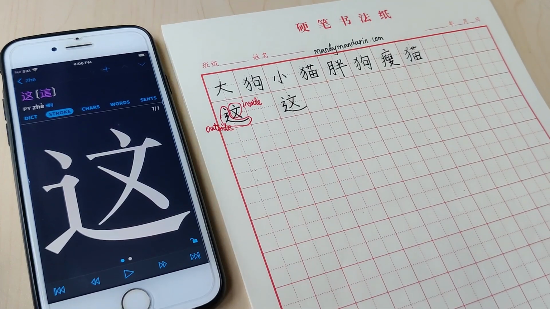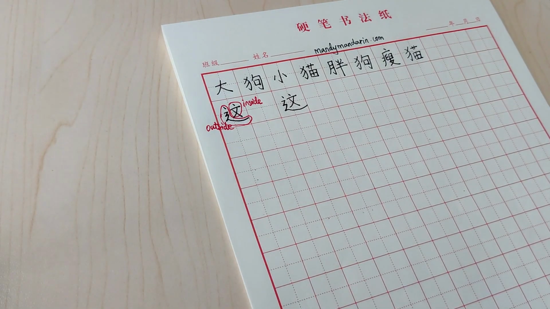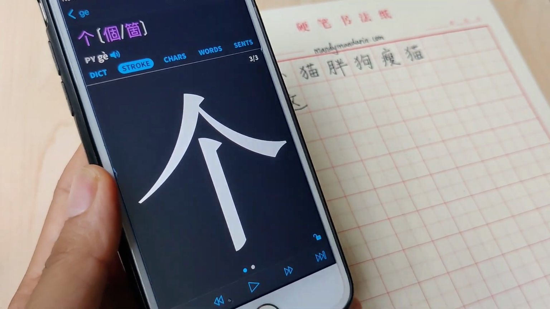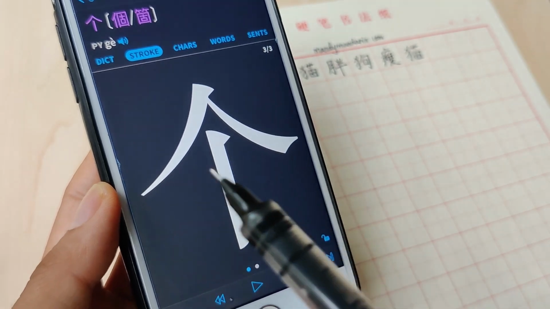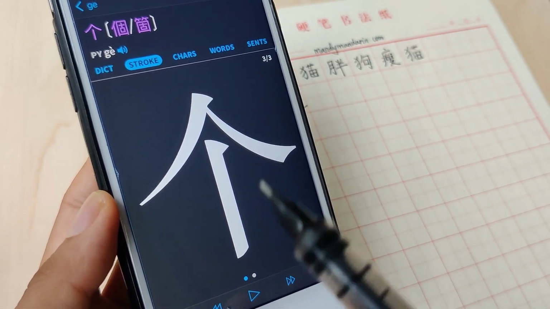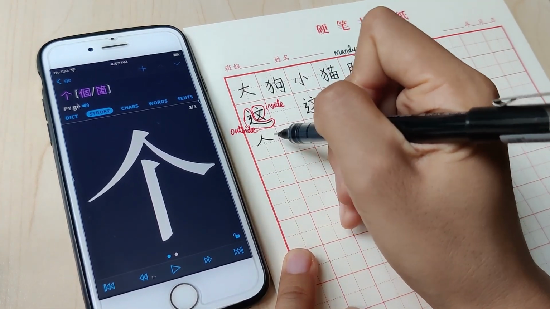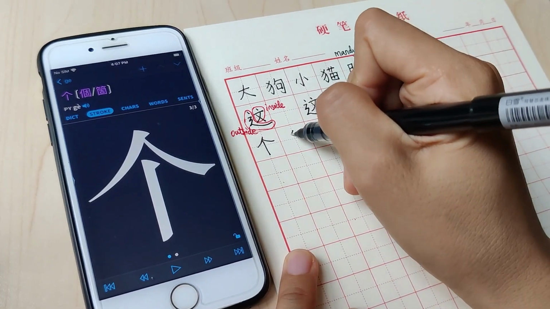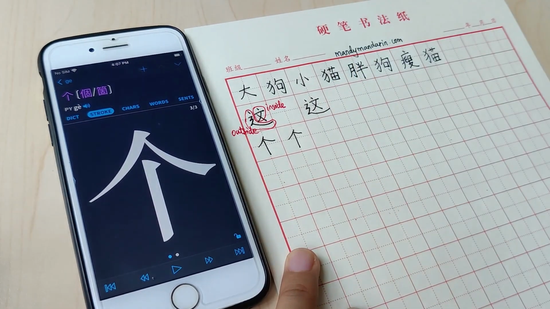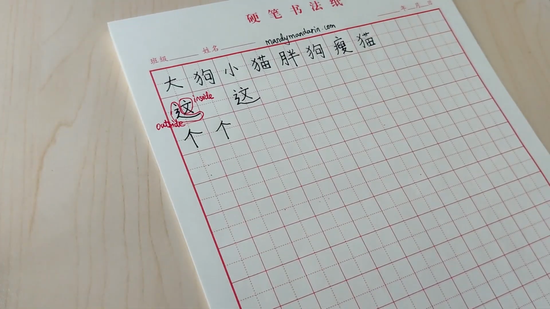Okay, and 这个, the 个 is the easy one. This is the 个. It just kind of looks like there's a person and then there is one. So one person. So 1, 2, 3. That's 个. 1, 2, 3. Okay, so that's 这个.